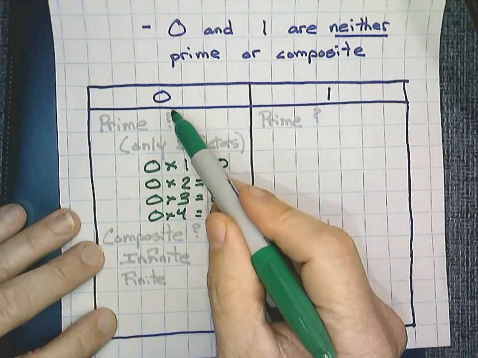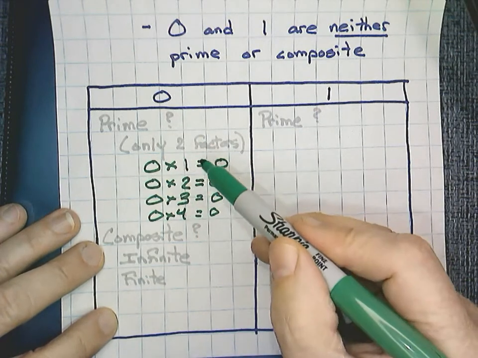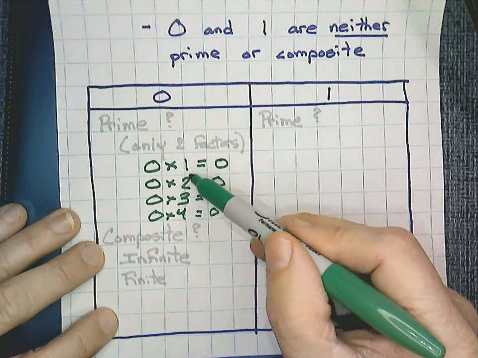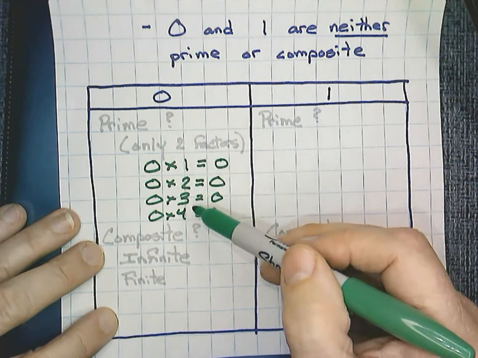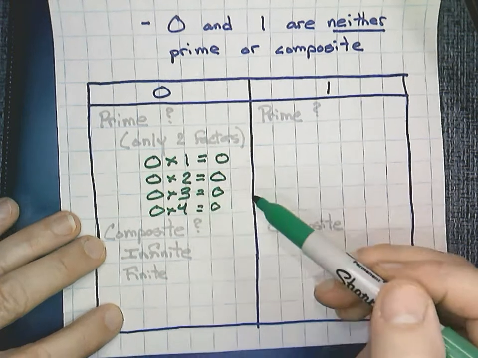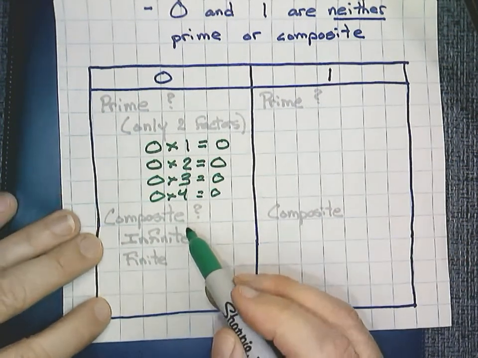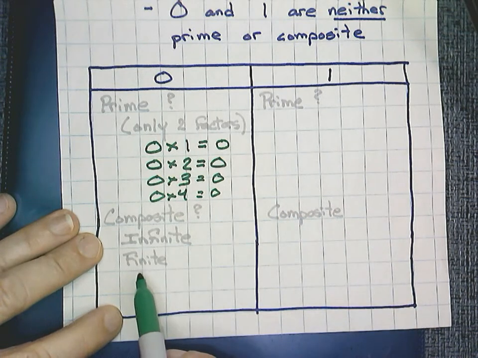Now, is 0 composite? Because the definition of composite is more than 2, you can say, well, Mr. W, this is a lot more than 2, and that is true. But according to math, a composite number, even though it has more than 2 factors, has to be finite, meaning that there's a limit.